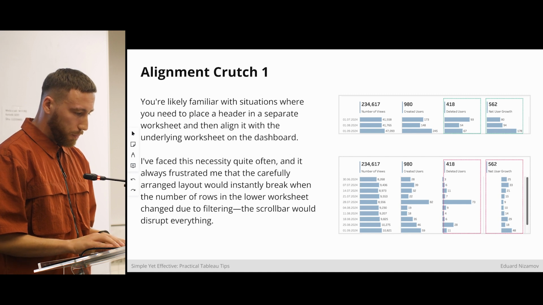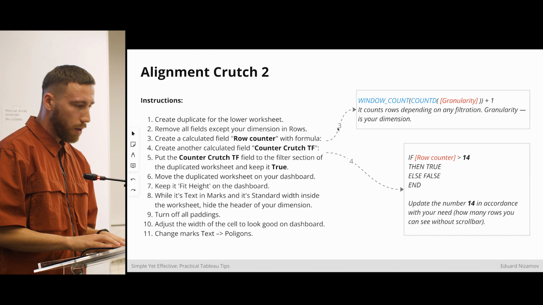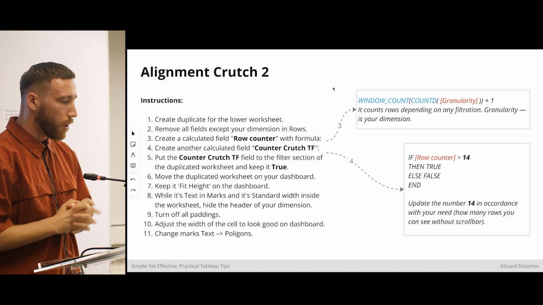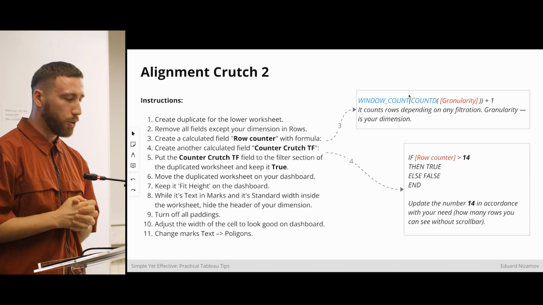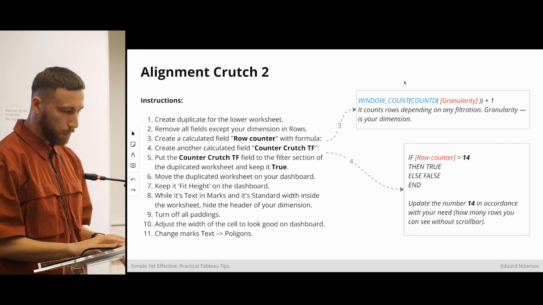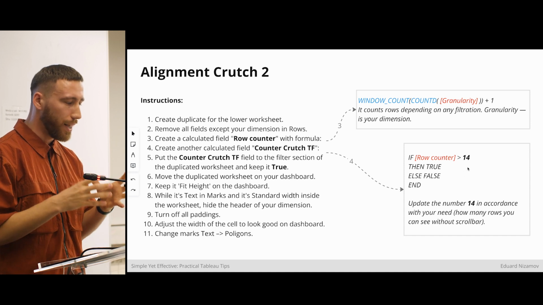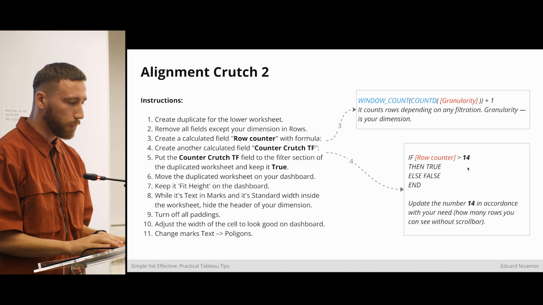So let's go on. And the last one, alignment crutch, as I call it. You're likely familiar with situations where you need to place a header worksheet in a separate worksheet and then align it with the underlying worksheet on the dashboard.